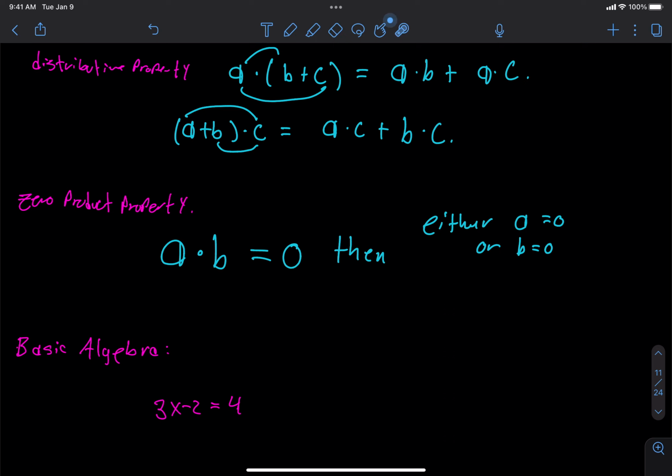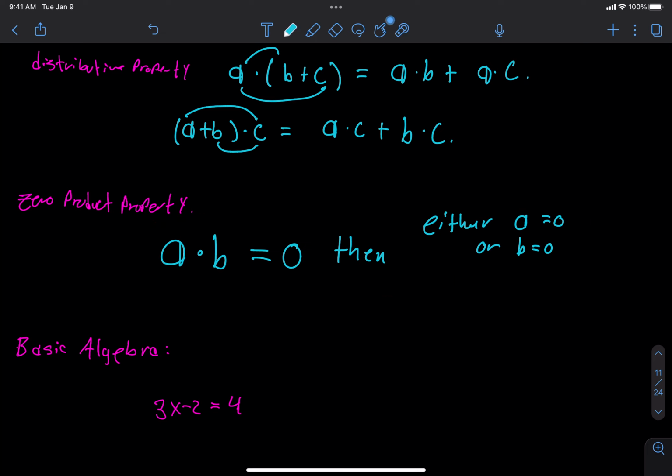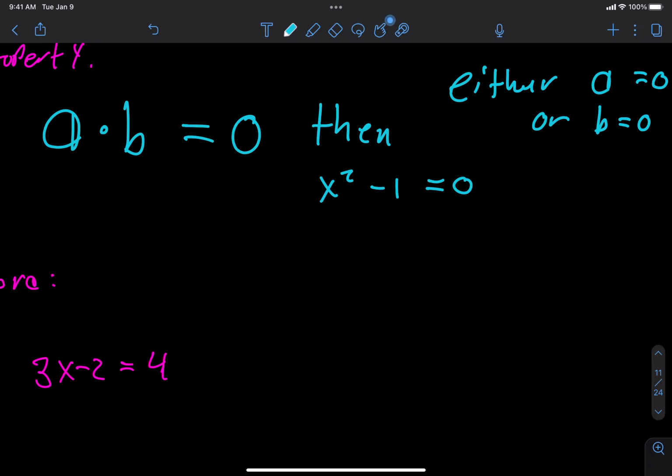And when do we use the zero product property? A lot. Anybody remember? Well, I use the zero product property a lot when I want to solve something like x squared minus 1 equals 0. And I want to solve for the values of x which make this true. So what do we do?